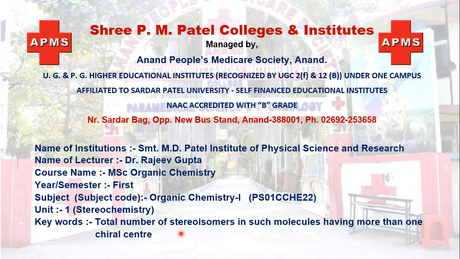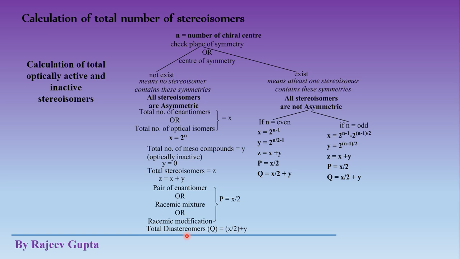And today I am going to talk about the total number of stereoisomers in such molecules having more than one chiral center. So, calculation of total number of stereoisomers. In a previous lecture we learned about molecules which contain more than one chiral center.